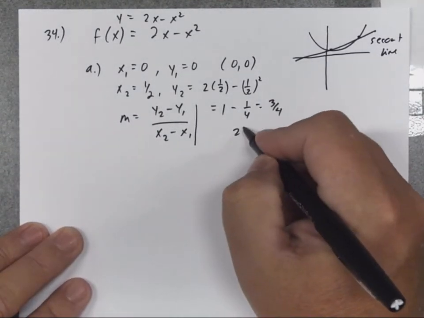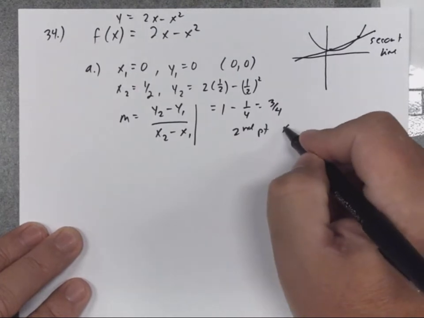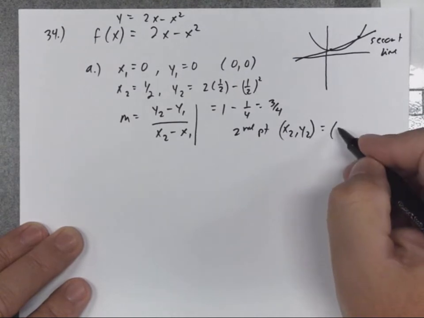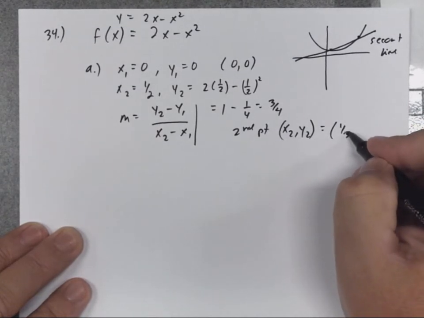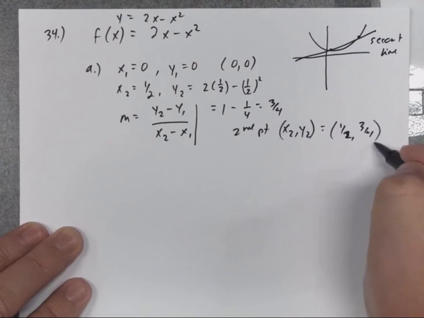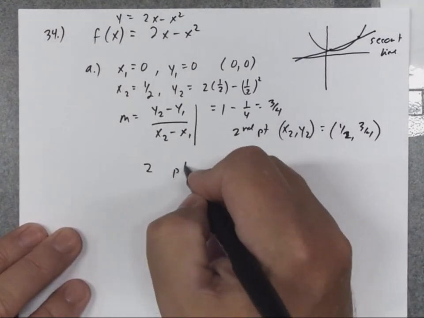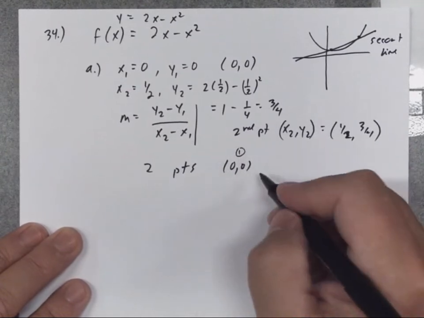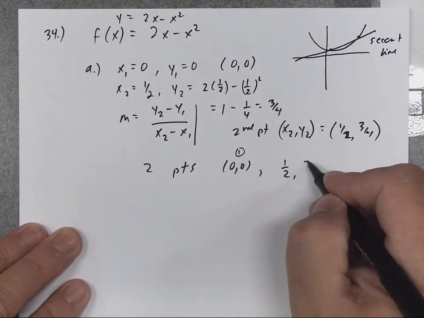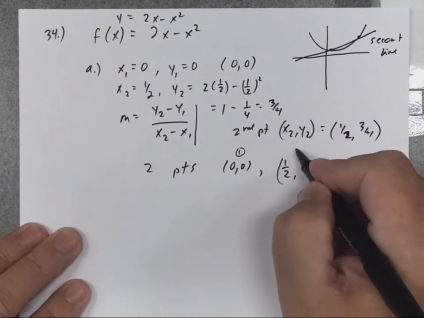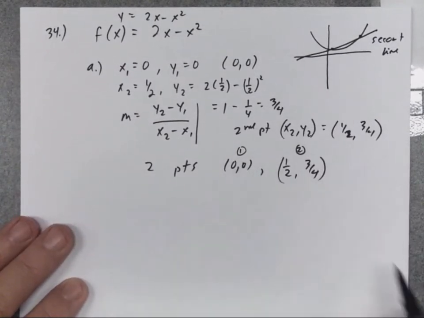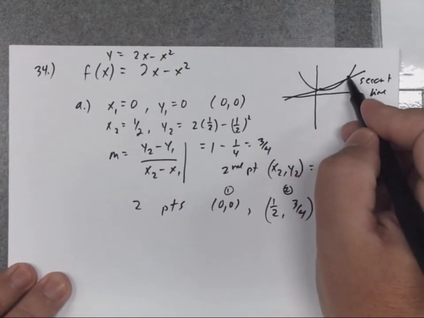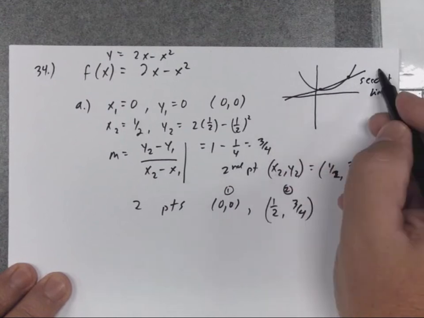Looks like my second point is (1/2, 3/4). So to summarize, 2 points: (0, 0), I'll call that point 1, and (1/2, 3/4), I'll call that point 2. So these are 2 points on my curve. I'm going to find the slope of the line that goes through those 2 points.